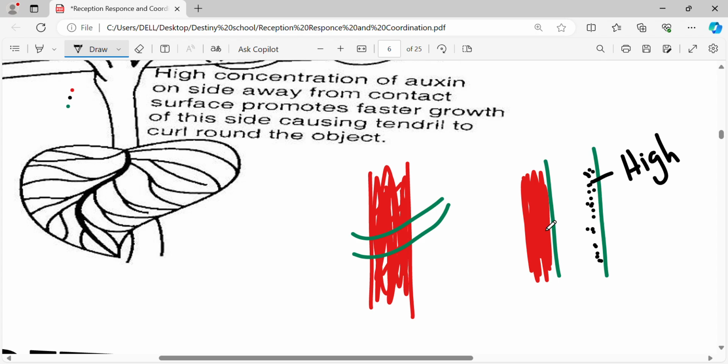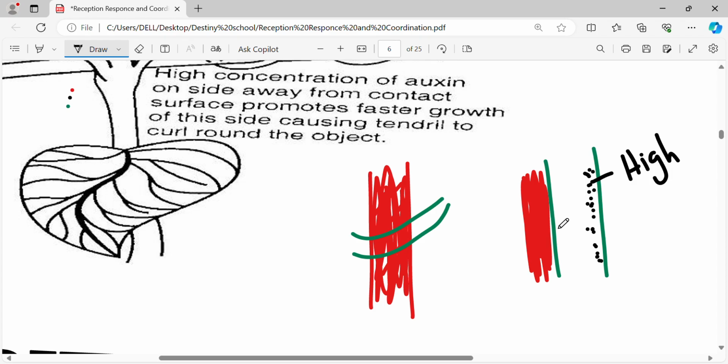So the outer side will grow faster, and the inner side, where the contact is, will grow slowly, because there is a low concentration of auxins.